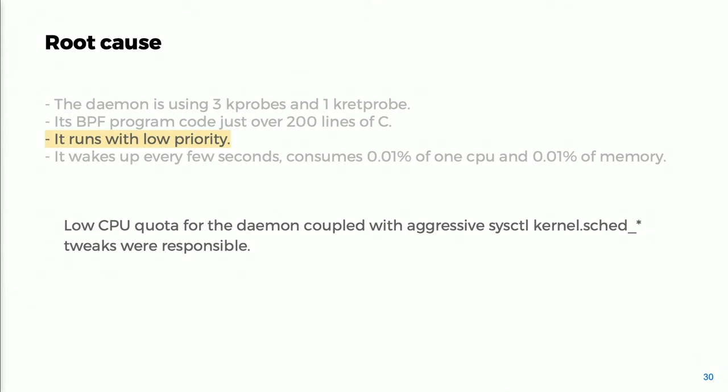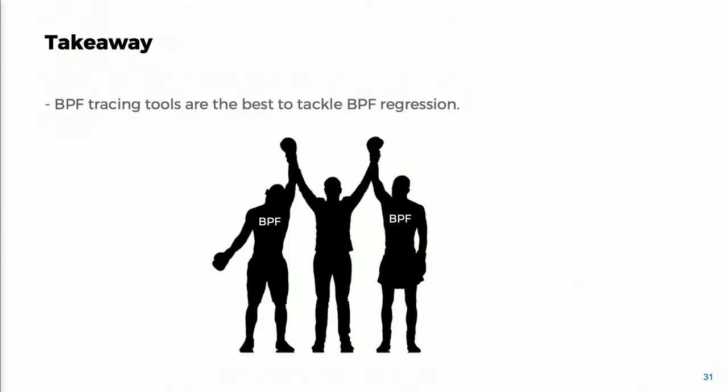Fixing it in the kernel is not an easy fix, but the obvious one was just to change the priority for this process, and the problem went away. The takeaway is when there are alleged BPF regressions, BPF-based tools are the best to tackle this type of problem.